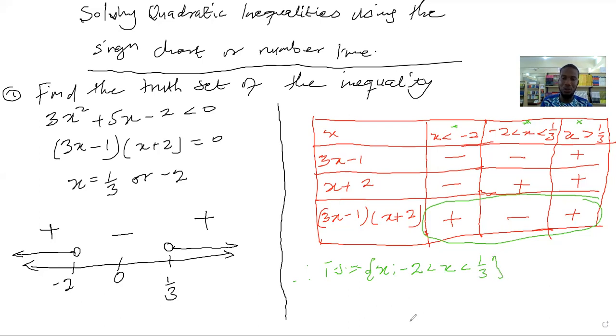Good. So you can see that it's the same as what we had in the first one, meaning that when you are solving, taking from yesterday's video, you can sketch the graph. And if you don't want to sketch the graph, you can use the number line, which we did first, or you use the sign chart.